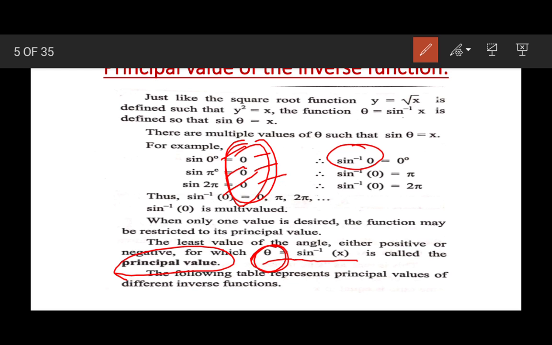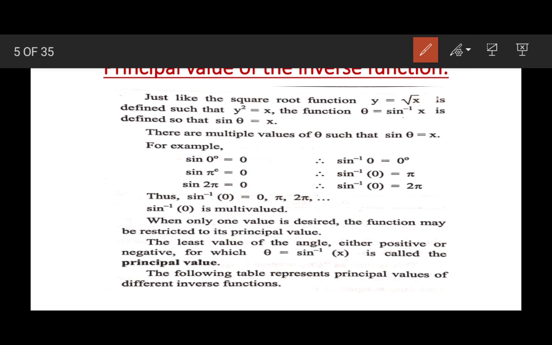We can't say sine inverse 0 is simply 0 or pi or 2 pi, because all these are values of 0, right? So in that case, for multi-valued functions, what are we going to do?